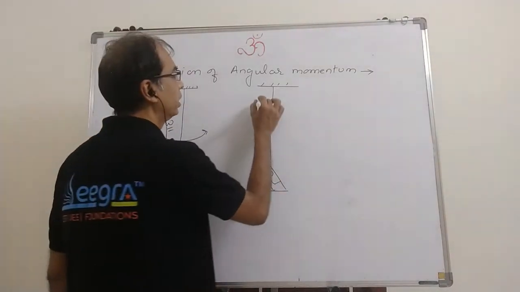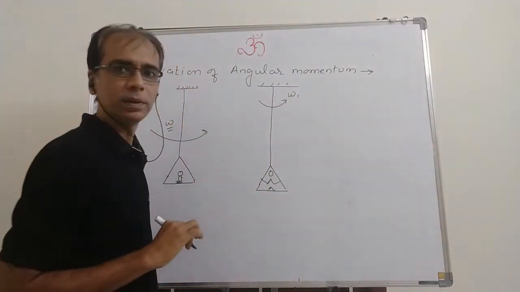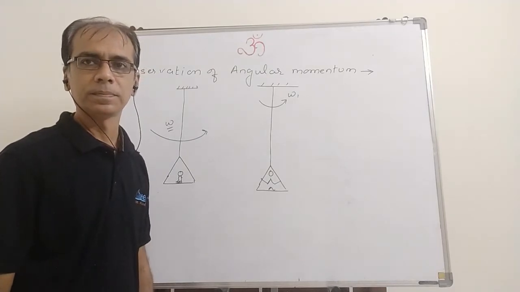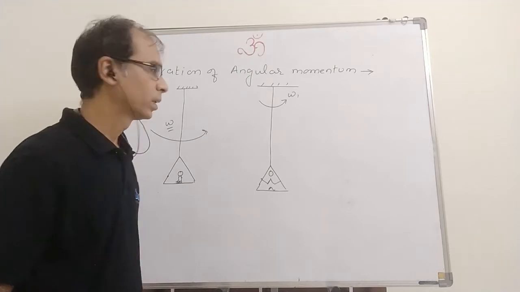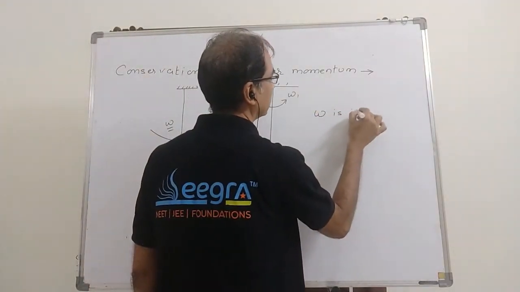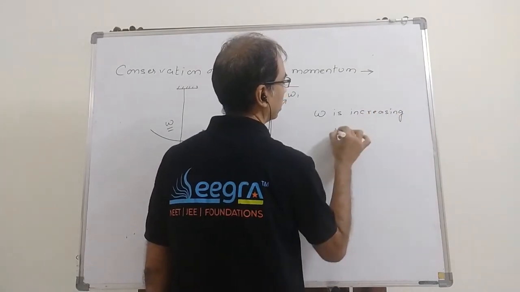Then immediately omega changed. What has happened? Has omega increased or decreased? We have to give the answer. Omega is going to increase. Omega 1 is more than omega.